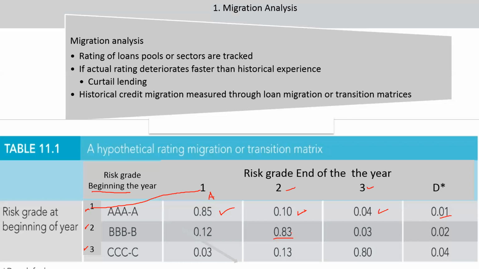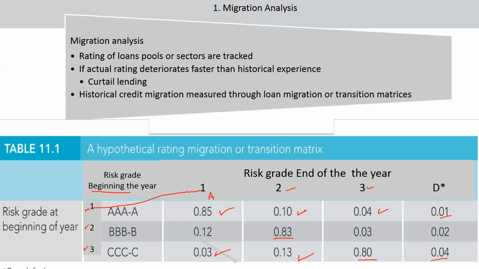So 83% stay in B, 12% improved to A, 3% went to C, and 2% defaulted. At the end of the year for C, 80% stay in C, 13% improve to B, 3% went to A, and 4% defaulted.